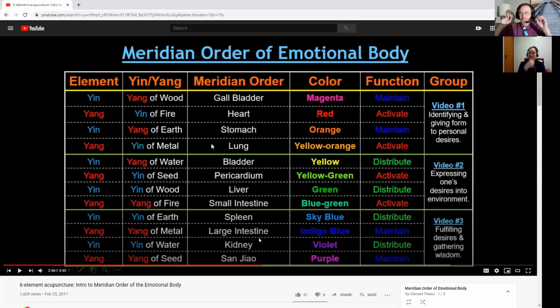So you needle gallbladder or stomach, then you needle liver or small intestine, and then you needle kidney, and that sets it up to bring all of that energy right into Sanjiao. And then you needle Sanjiao.